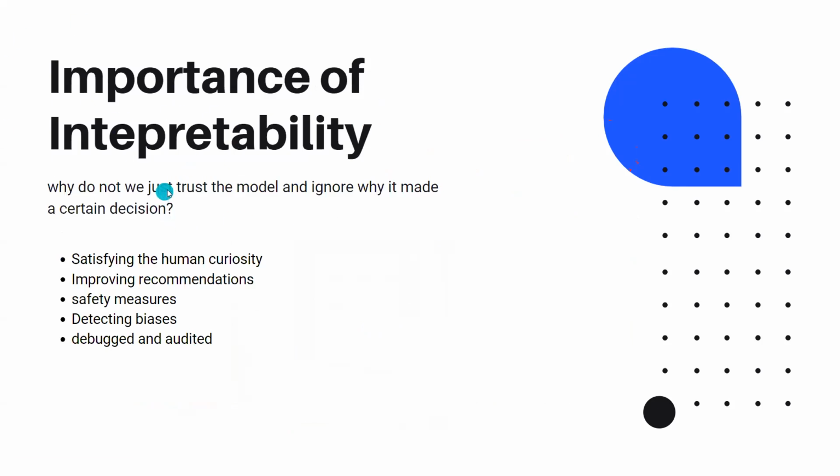So the importance of interpretability, again, is first satisfying the human curiosity, improving recommendations, right? So for example, you have Netflix, and Netflix is trying to propose to you a new movie.